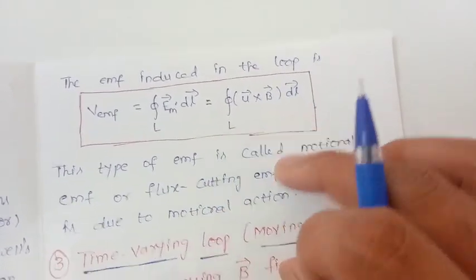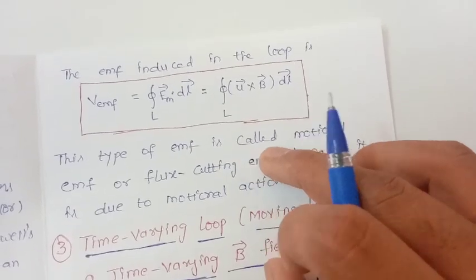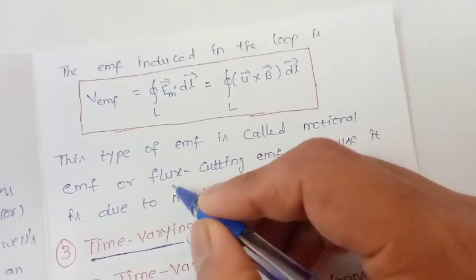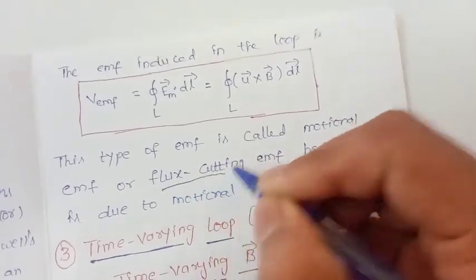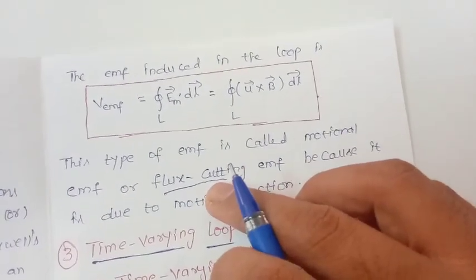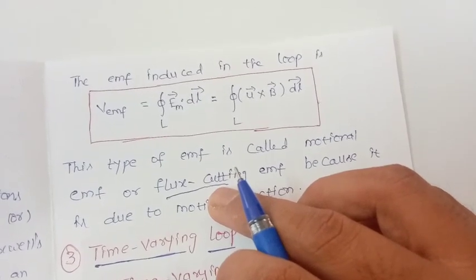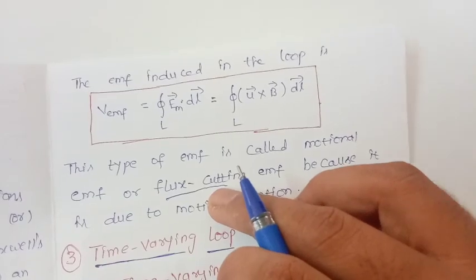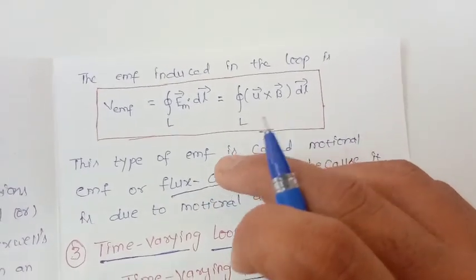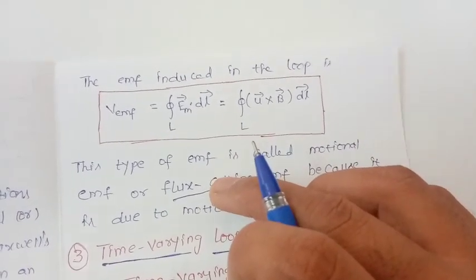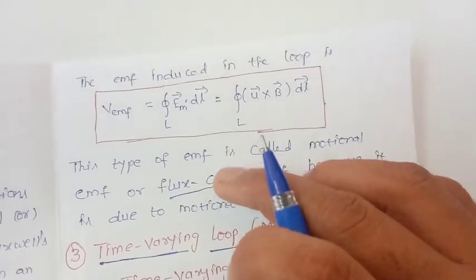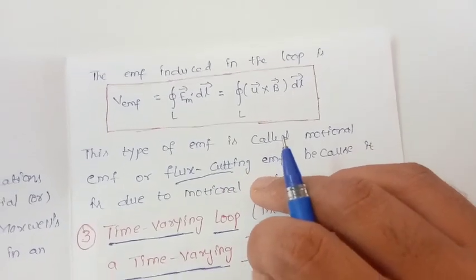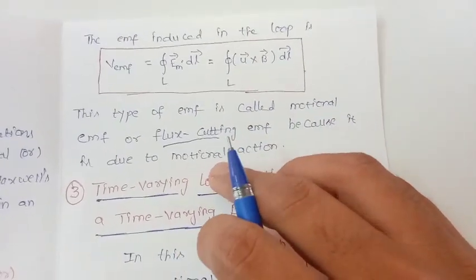This is known as motional EMF, or flux cutting EMF. Why? Because here you are not moving your magnetic field, you are keeping it static and moving your coil nearer or away from the magnet. That's why the flux is cut. It is known as flux cutting EMF because it is due to motional action.